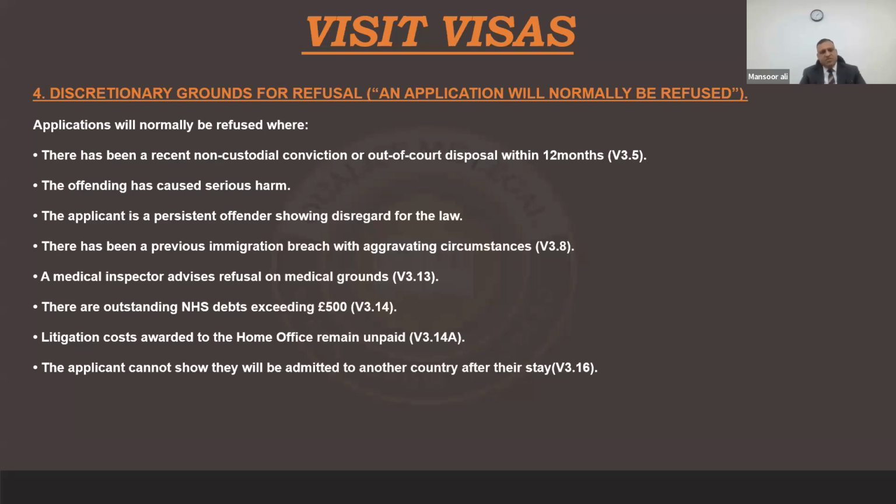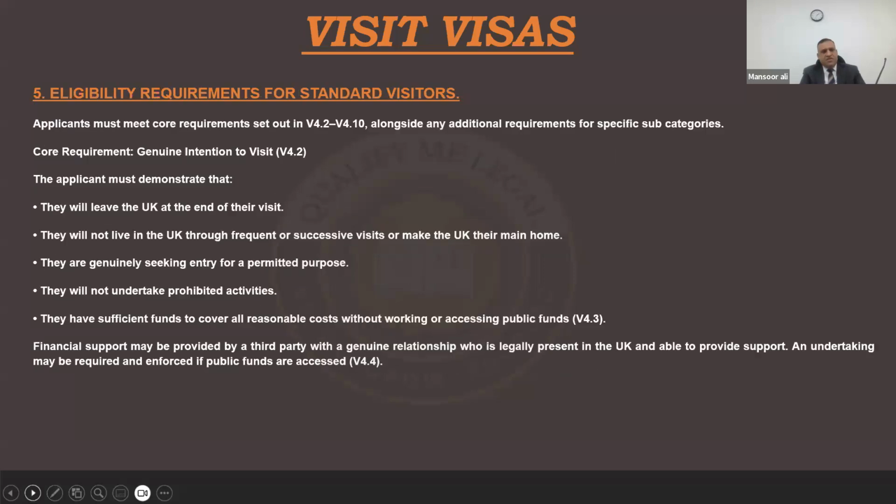It's entirely up to you, or it's entirely up to your client, to satisfy the Home Office why this breach occurred previously. So I hope you have understood what a discretionary ground of refusal is. So at the first stage, you would measure your application against the mandatory refusal grounds, then discretionary grounds of refusal, and thereafter you'll go for eligibility criteria for standard visitor visas.